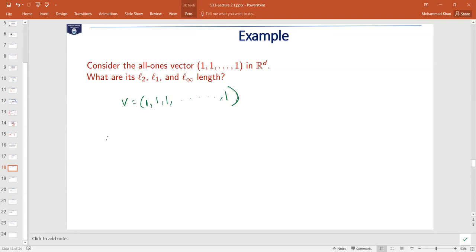If we want to find L2, the most common distance, it is the square root of the sum of xi squared. Suppose we want the distance from the origin.